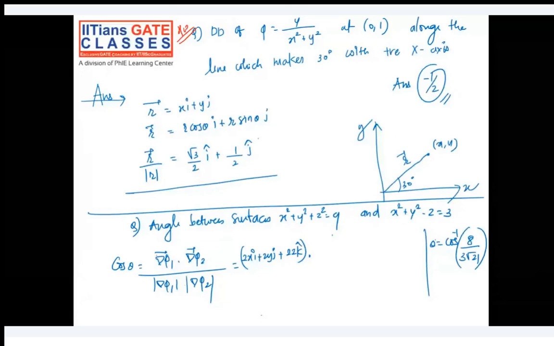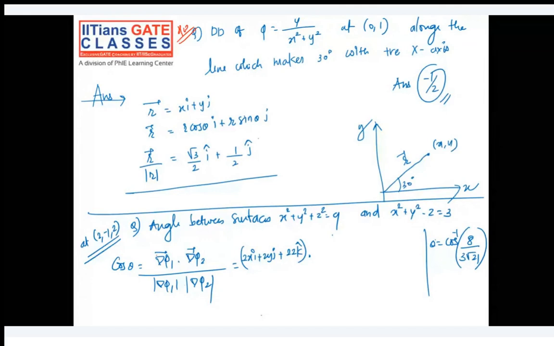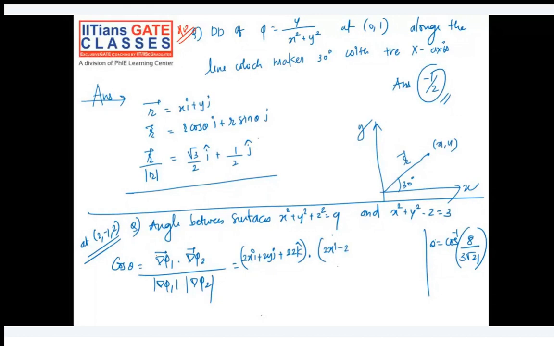And what is del of phi 2? Del of phi 2 will be again 2xi plus 2yj, but minus 1k. So minus k directly, and if you put the value of x equal to 2, y equal to minus 1, and z equal to 2, this will become 4i. This will also become 4i, right? This will become minus 2. This will also become minus 2. And this will become 4 plus 4.